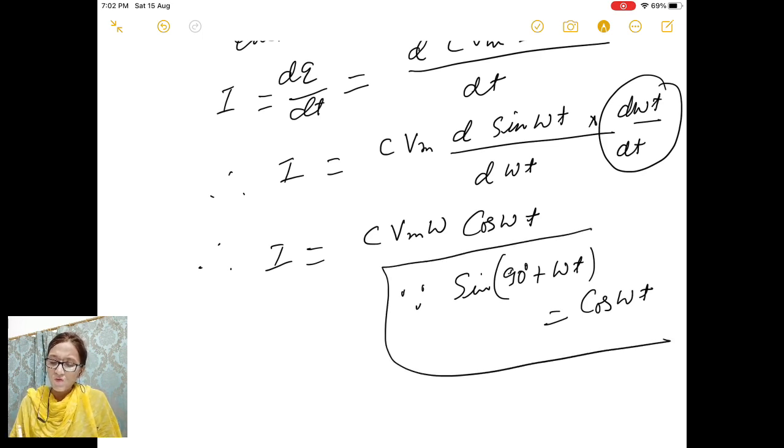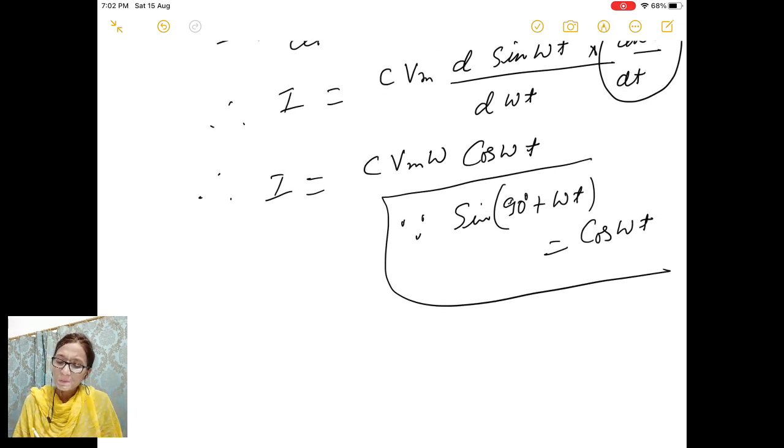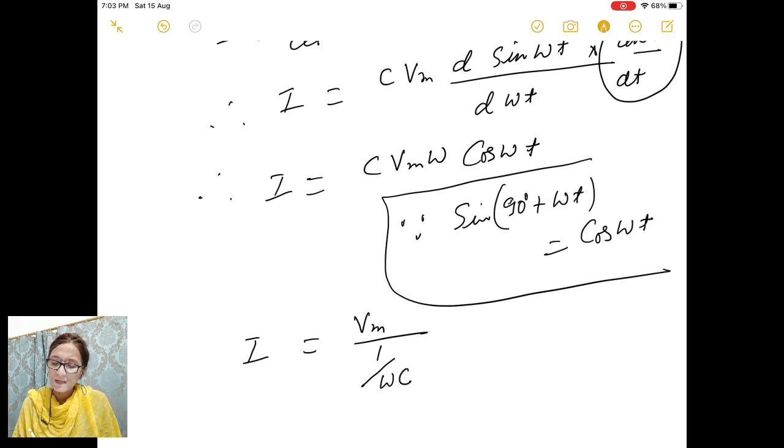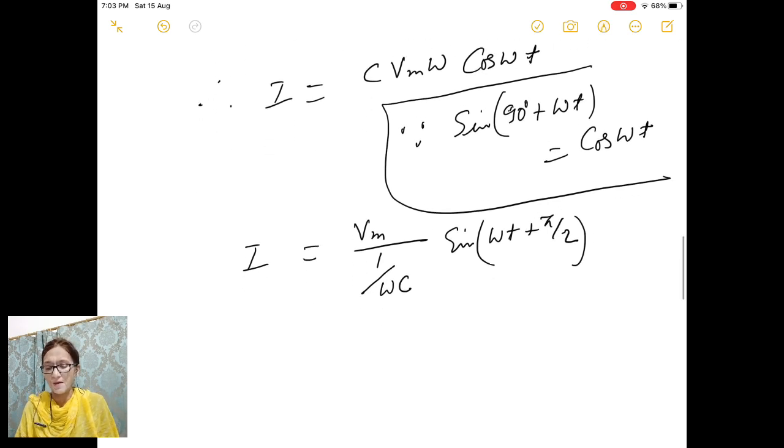So in place of cos omega t, you can write this. So I is equal to Vm, and here omega C is in the numerator. You can bring it in the denominator in this way. So it is 1 upon omega C. And here you have sine omega t plus pi by 2. Instead of 90 degree, I have written pi by 2.